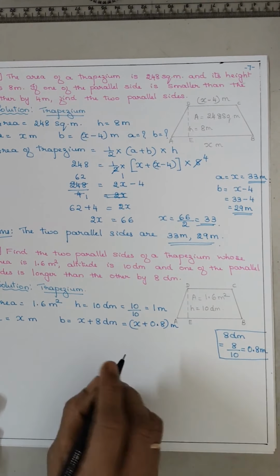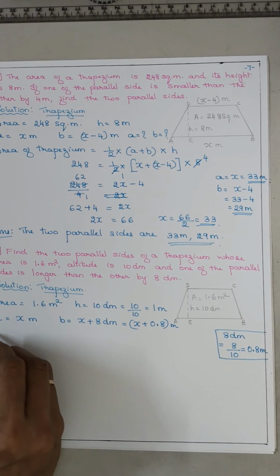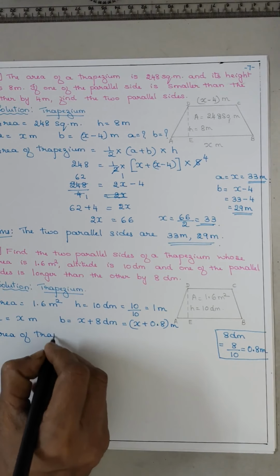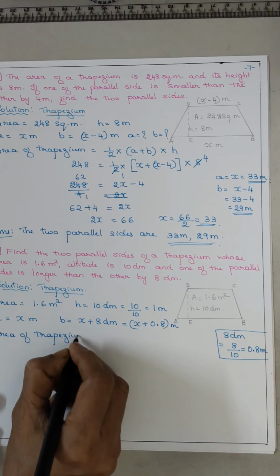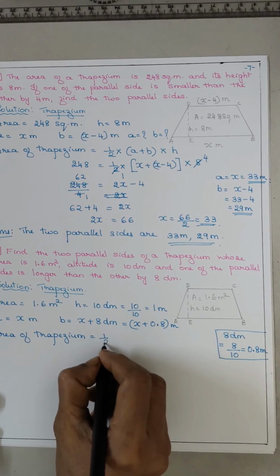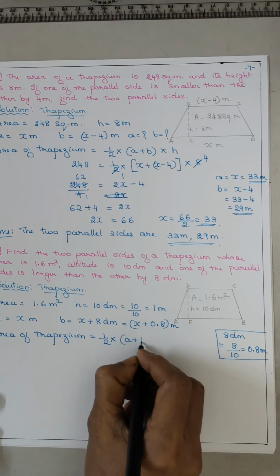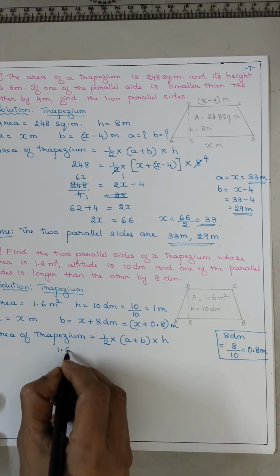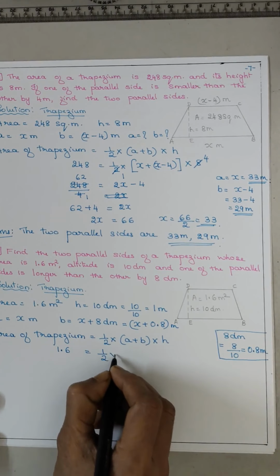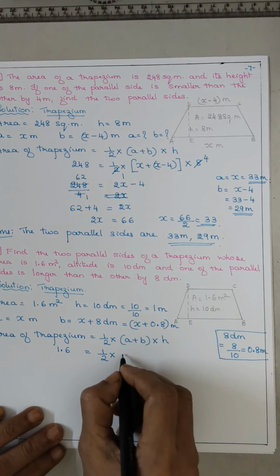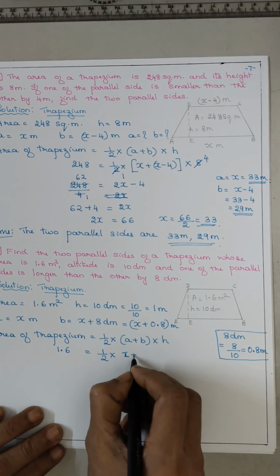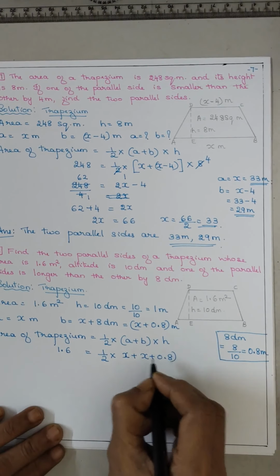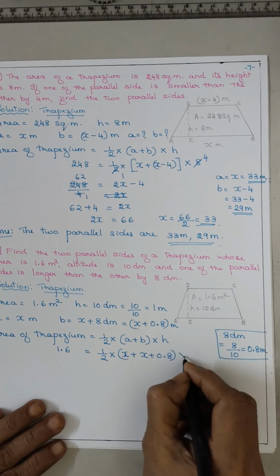Now find out, just like the above one, area of a trapezium is equal to half into A plus B into height, that is 1.6 is equal to half into A plus B. A is x plus 0.8 into 1.